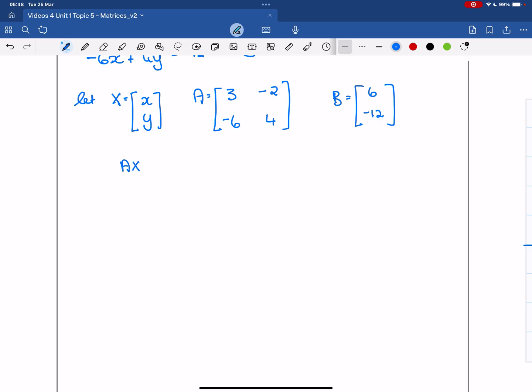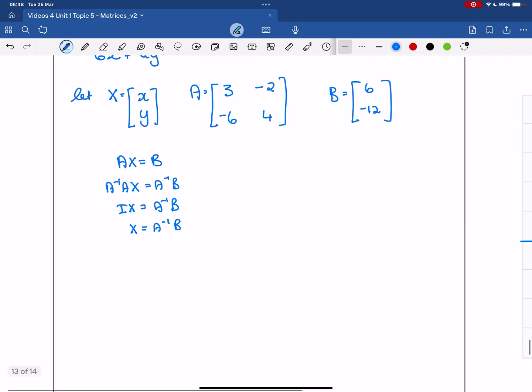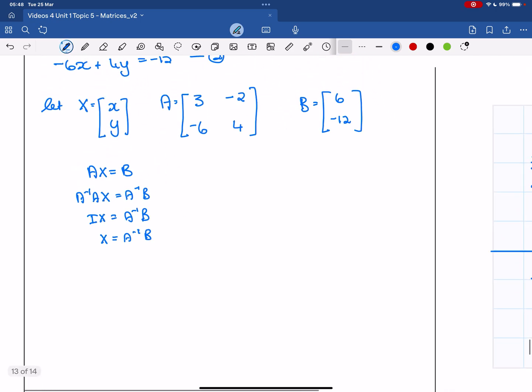So AX equals B. Inverse A times AX is inverse A times B. IX is inverse A B, and X is inverse A B. Now remember, in order to find our inverse, we need to find our determinant.